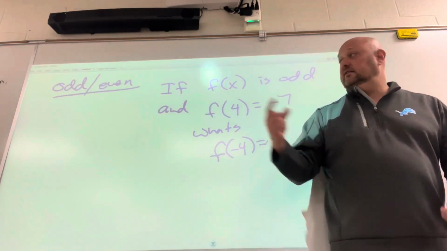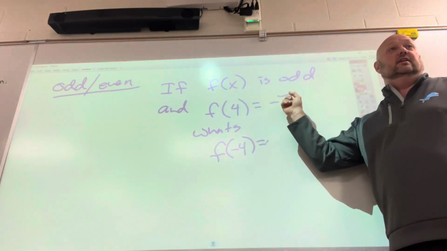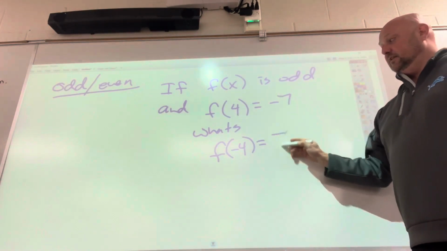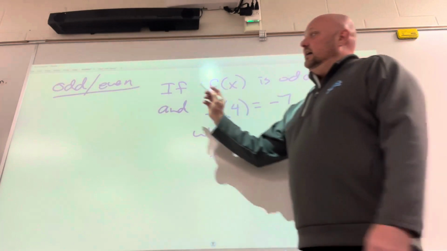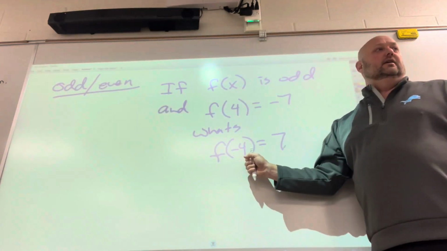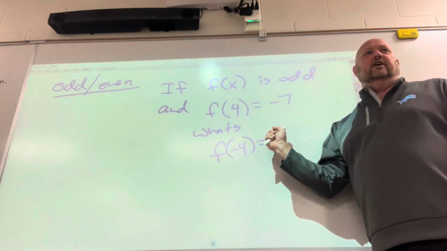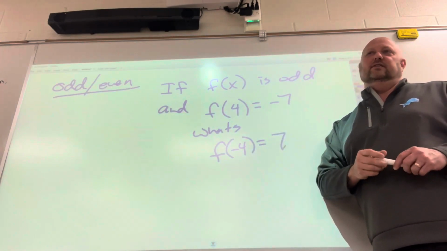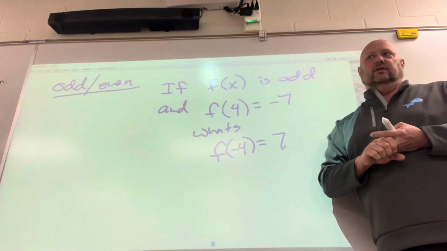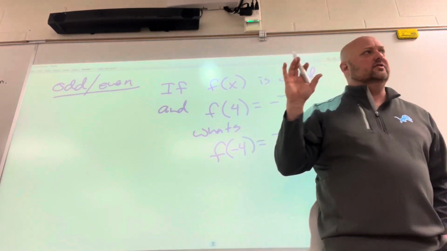Odd functions mean if you switch this, then the answer is just the opposite answer. So if it's -7 here, this would be +7. If they said it's even, then these two numbers should be the same. Does that make sense? They could also do it with sine or cosine. I've never seen them put that on there, but remember, sine is odd, cosine is even, so it works the same way. But make sure you understand what odd and even functions are.